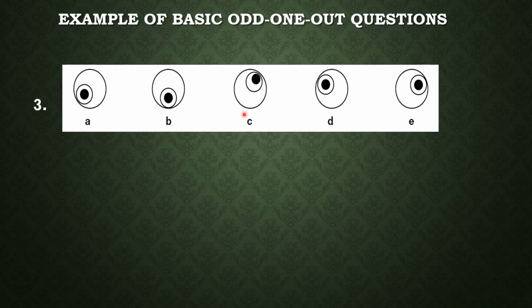But if we see option C, the inner circle is touching the middle circle, and options D and E are following the similar rule like A and B. So the clue here is the inner circle's closeness to the outer circle, and option C is not following that rule. So that should be the odd one out.